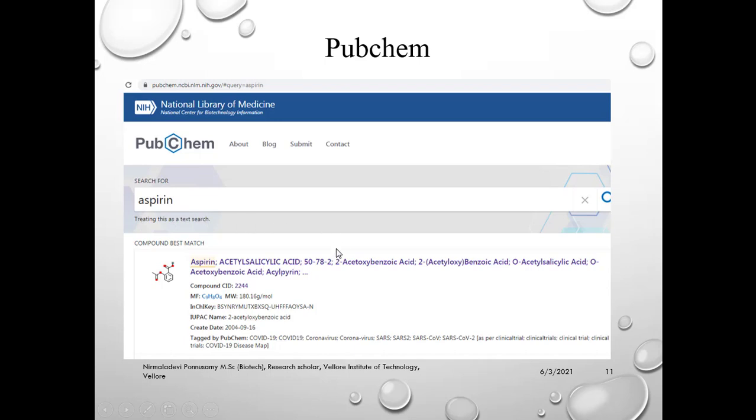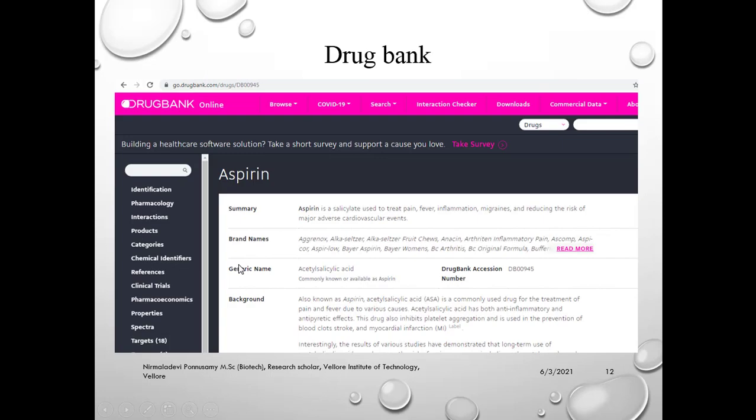You can also give your compound of interest, and you will get all the information about the compound. The other database is called DrugBank. Here also they provide a summary and information about the drug.